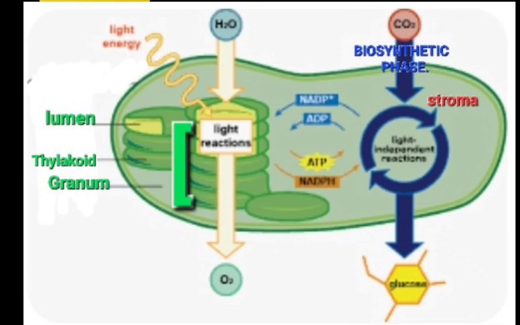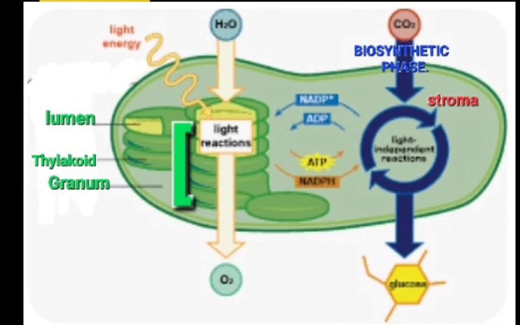Some of the energy from light is now stored in the reduced NADPH form, and this molecule can now release some energy from the transfer of electrons, that is, it establishes a proton gradient across the thylakoid membrane.